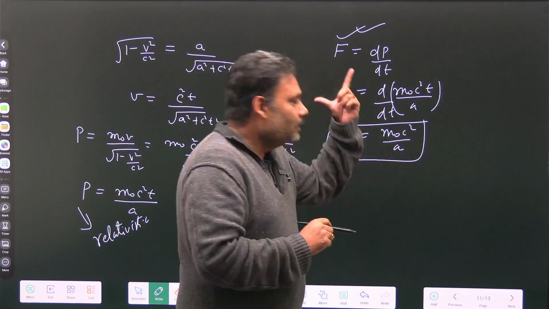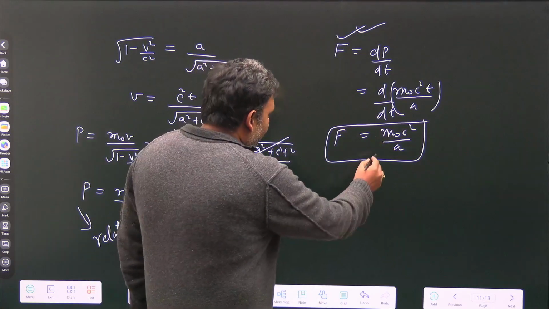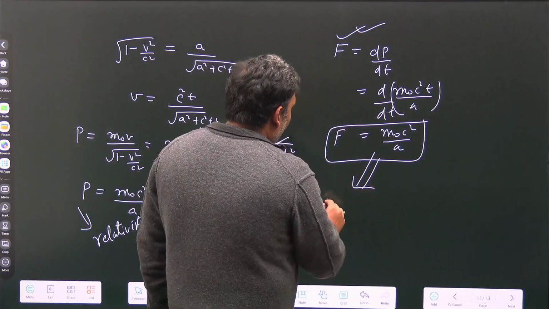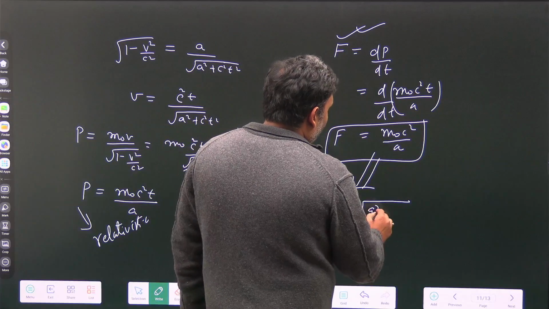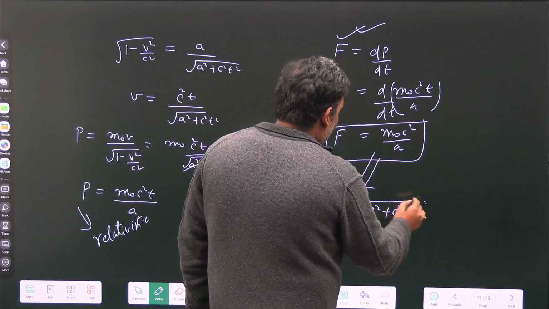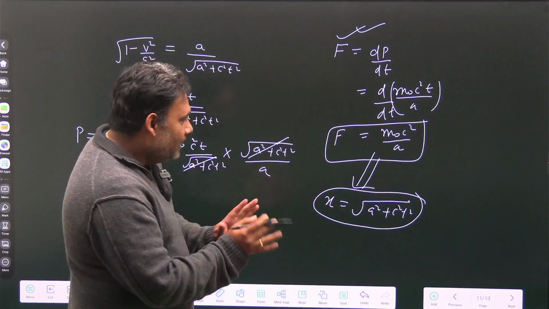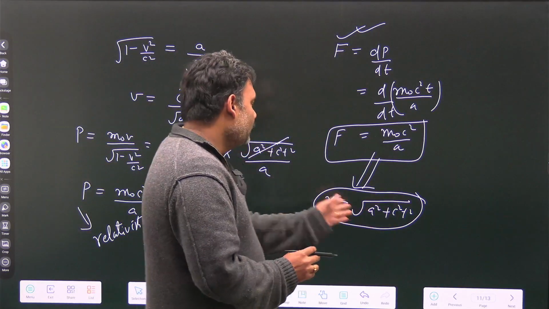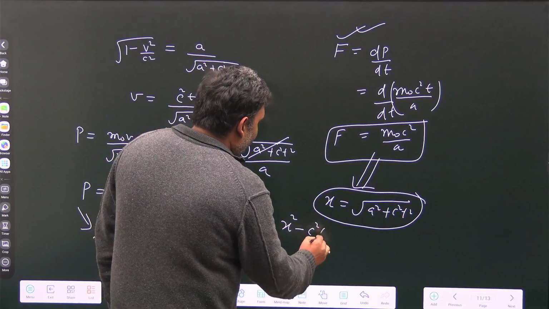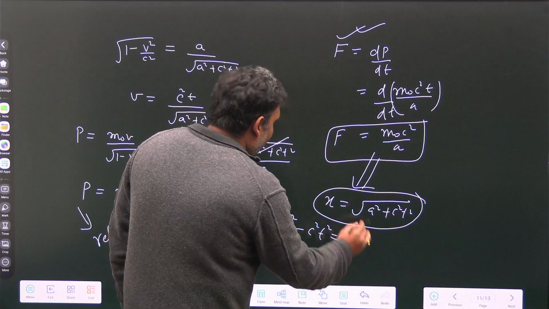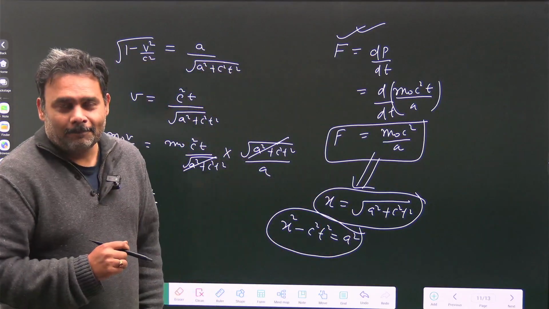If your force is constant, then your x is basically in this form, a square plus c square t square, under a root. And if you see the relation between x versus t, then you have x square minus c square t square is equal to a square, which is nothing but a rectangular hyperbola.